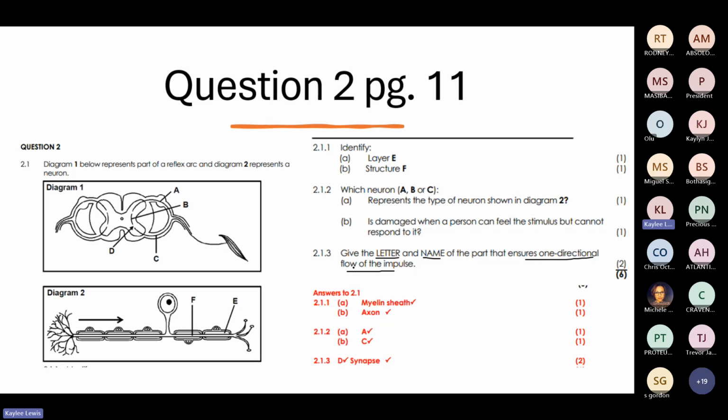They like to ask what is the function of the synapse, and that's to ensure one directional flow of the impulse. You don't want the impulse to go in the opposite direction because it's then not going to end on the correct effect or even be interpreted. So the synapse allows it to go from the sensory neuron to the connector neuron to the motor neuron. The letter is D, and the name is synapse because that's the gap between them.